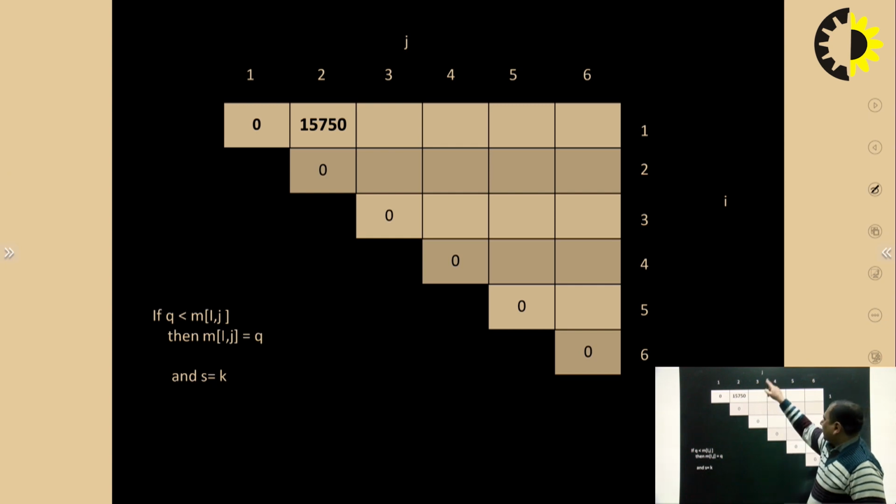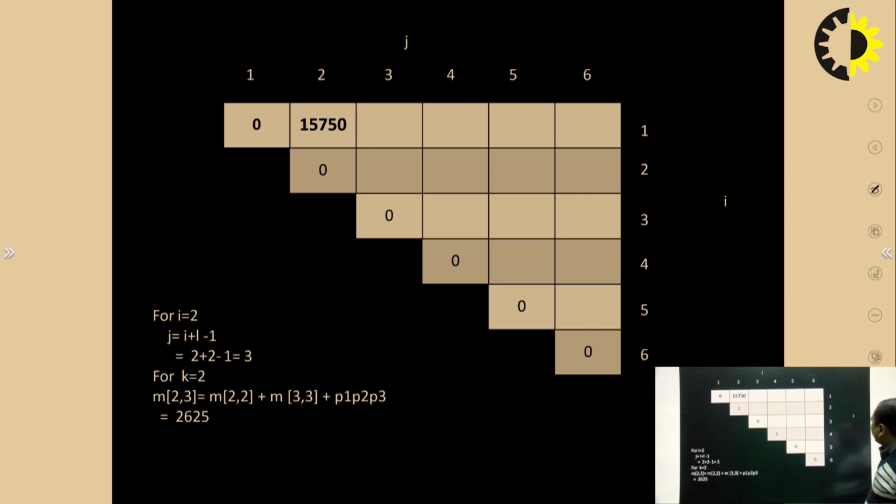Now after that we have to calculate the value of 2 comma 3, that is i, that is j. So 2 comma 3 we have to calculate with the same formula. So here the value of i is 2 and j equals i plus L minus 1. So this 2 plus 2 minus 1, that is 3. The value of j is 3 and the value of k is 2 over there.